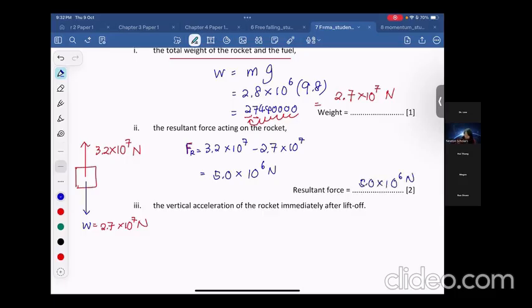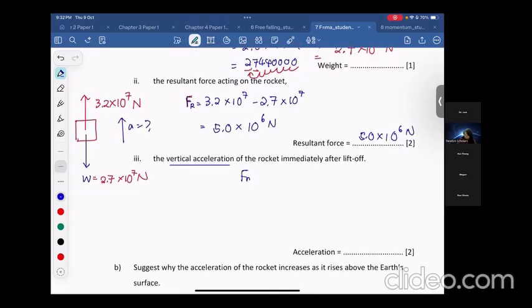Okay, can you calculate the vertical acceleration? It will accelerate in this direction. What is this acceleration? Net force equals ma. You already counted the resultant force, so we just use it. M, what is the mass? Okay, 5 times 10 power of 6 is the force.